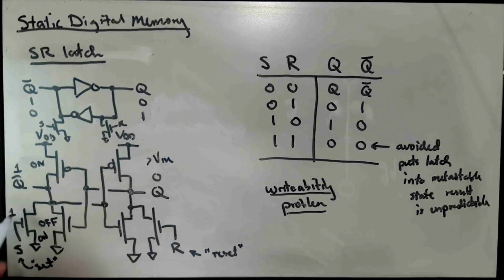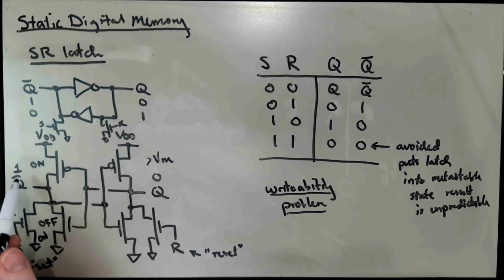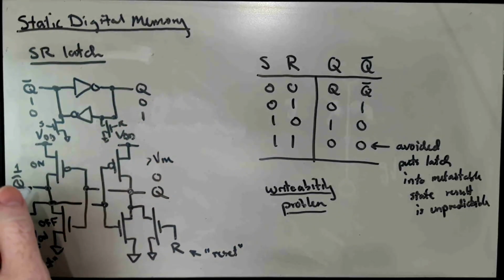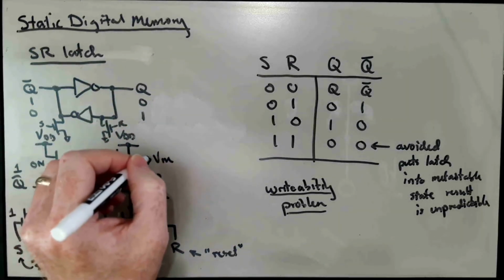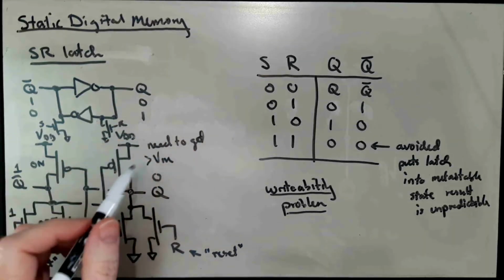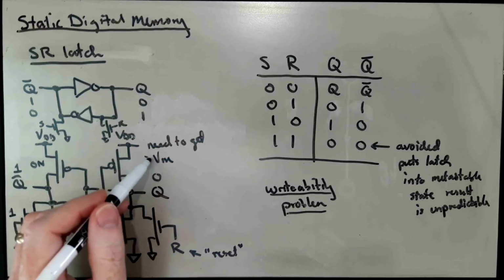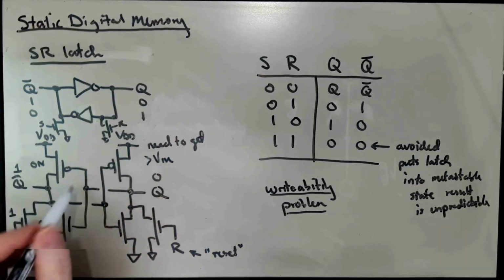And so when we deassert S, we make S go back to 0. The fact that this transistor is on, so we need to get the voltage here on Q to get larger than V sub m in order to terminate this fight.